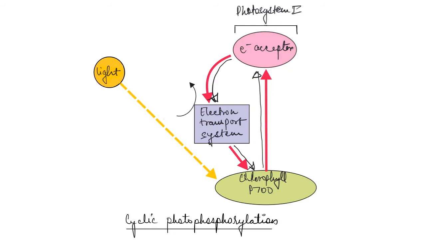And here in the electron transport system, the ADP is getting converted to adenosine triphosphate, ATP, which is the energy bearing molecule. So guys, remember, this is the exact flowchart of cyclic photophosphorylation.